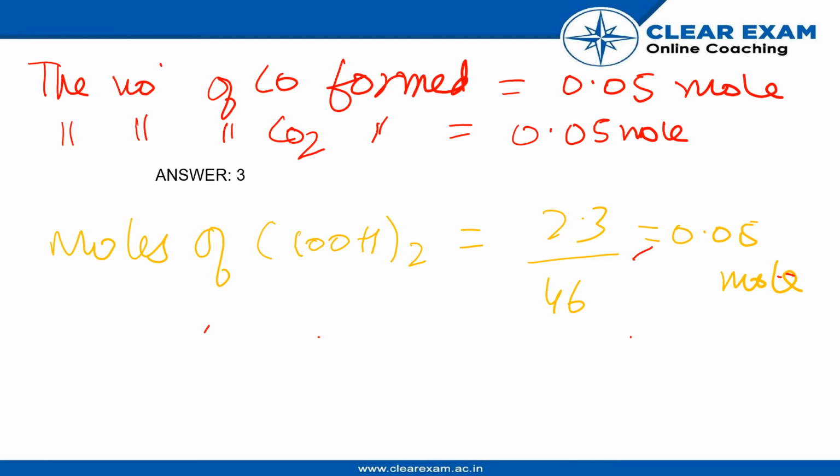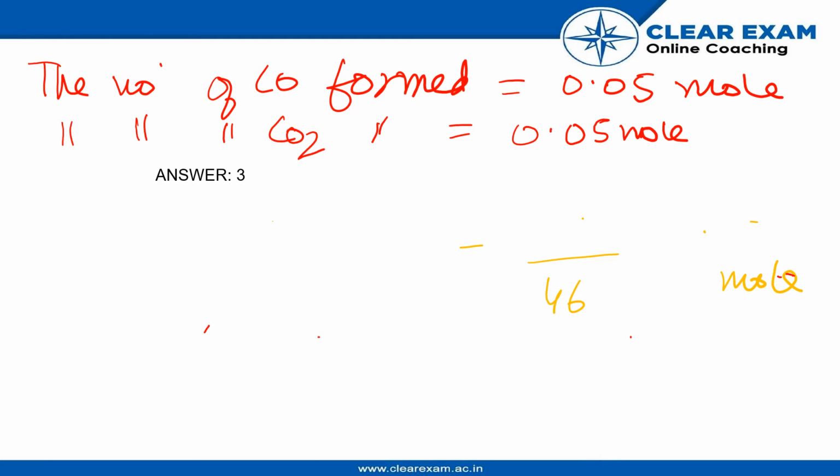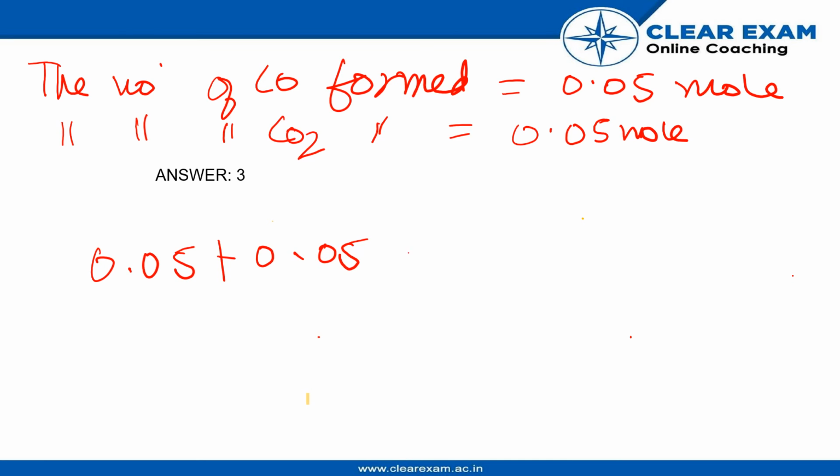Hence, the total number of CO formed will be 0.05 plus 0.05, that will be equal to 0.1 mole.